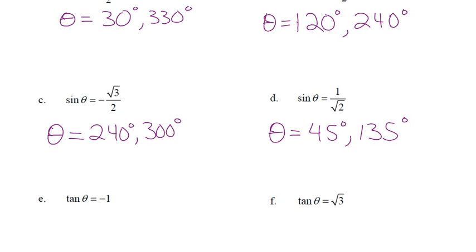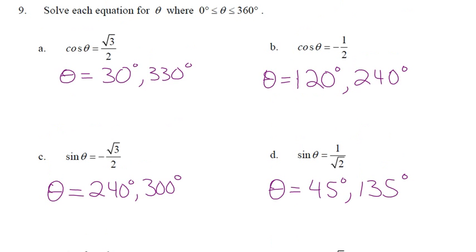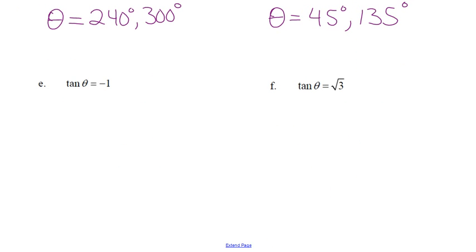If sine theta is positive, I know it's quadrants 1 and 2. If sine theta is negative, I know it's 3 and 4. If cos theta is negative, I know that's 2 and 3. If cos theta is positive, I know that's 1 and 4. Learn your CAST rule.